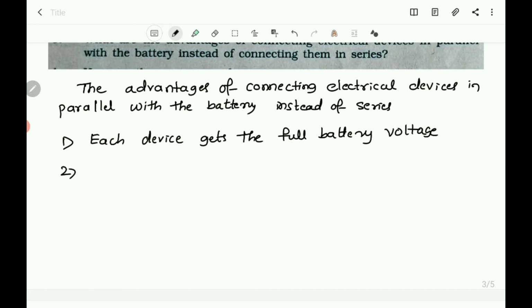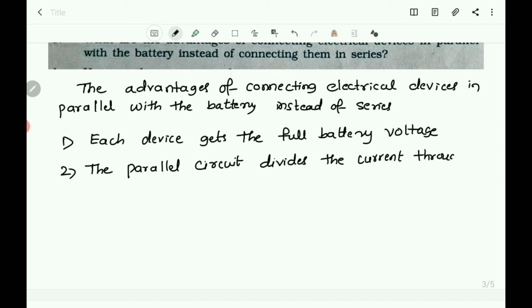Next, second, the parallel circuit divides the current through the electrical devices.